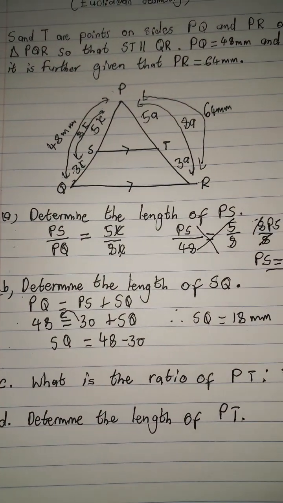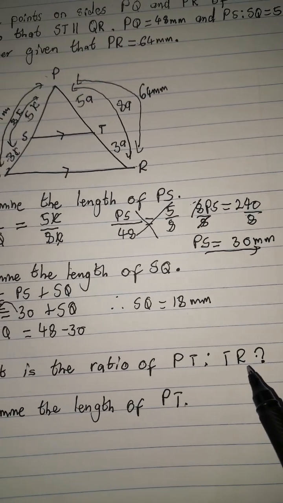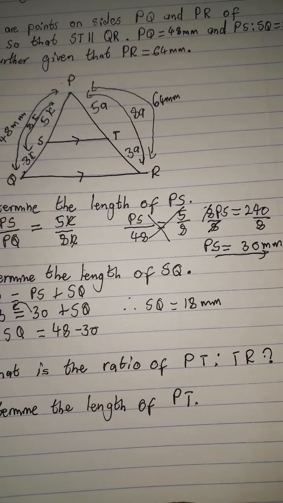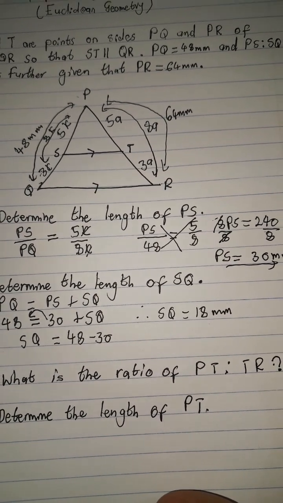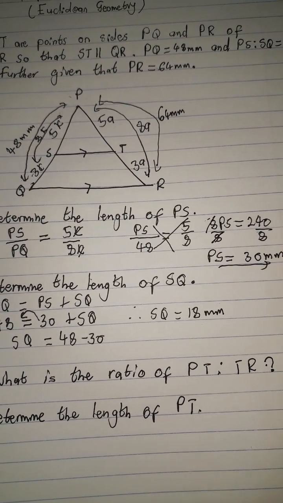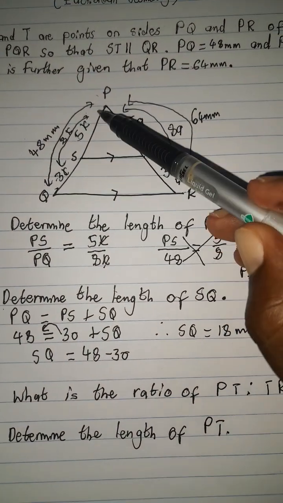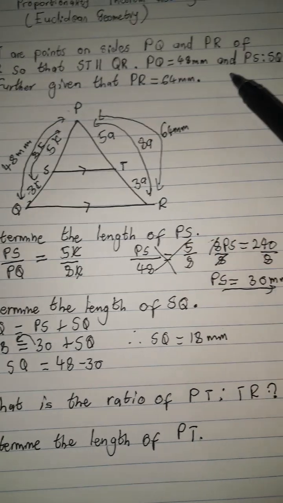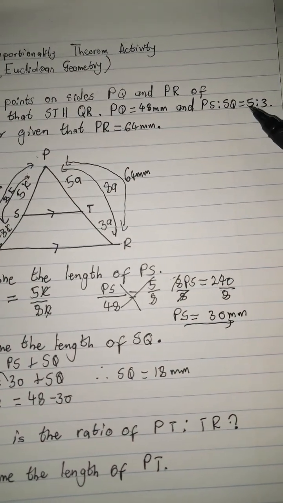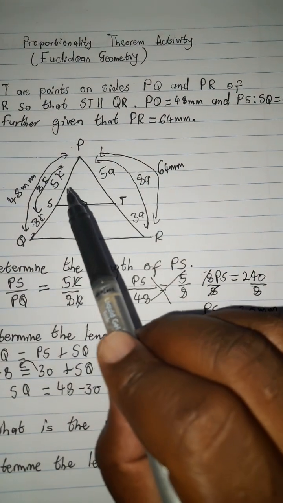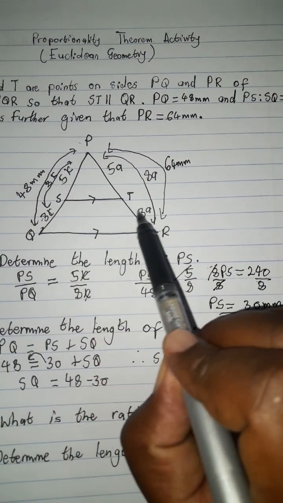So let's go to number C. What is the ratio of PT is to TR? Well, the ratio of PT is to TR links with PS is to SQ. Since PS is to SQ is 5 is to 3, in our given statement at the top, PS relates to PT and SQ relates to TR.